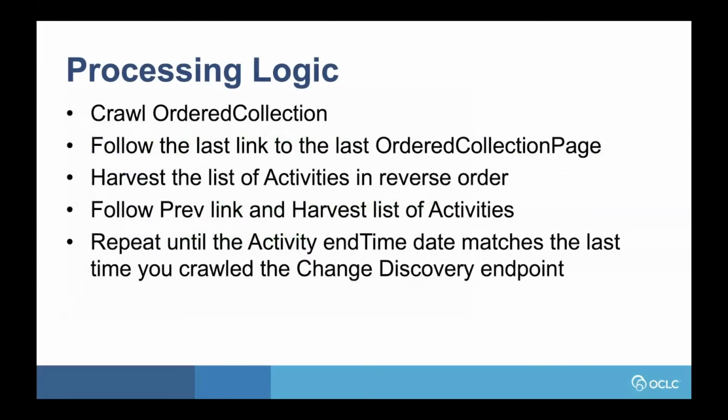So I'm going to quickly go over this because Rob did a very nice job of this already. That was the structure of an activity stream at a basic level. There's processing logic associated with that as well.